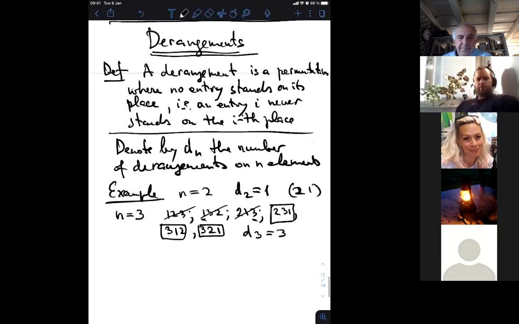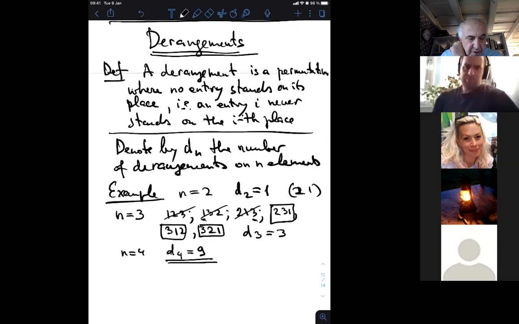D4, if we look at n equals 4, I will not be writing down all 24, but believe me that among permutations of 4 elements, there will be 9 which are derangements. 1 does not stand in the first place, 2 not in the second place, 3 not in the third place, and so on.